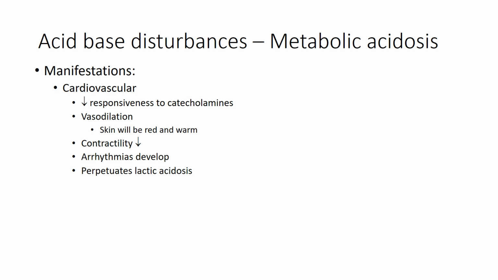Now, in the cardiovascular system, this can have pretty large manifestations, right? So, one of the big problems is the decreased responsiveness to catecholamines. Okay? Now, recall that we make small changes in our cardiovascular system using these catecholamines by activating receptors. So they'll be kind of less responsive to it.